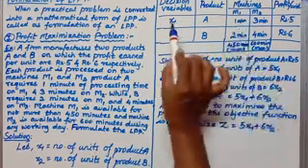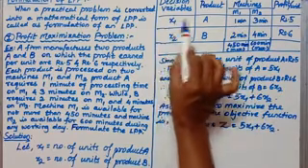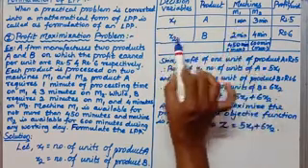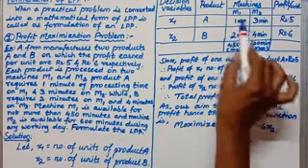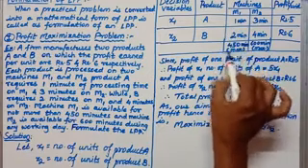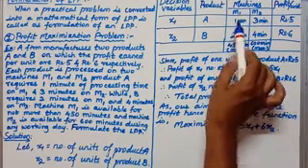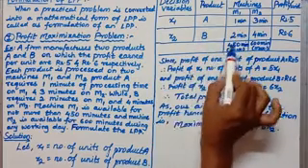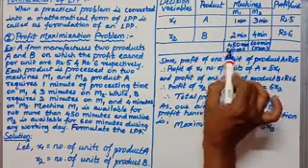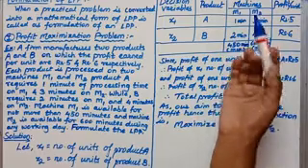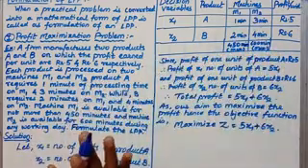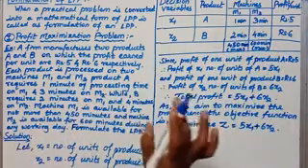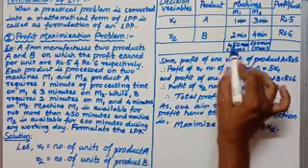So the constraint on M1 is x1 plus 2x2 less than or equal to 450, because this is the maximum.